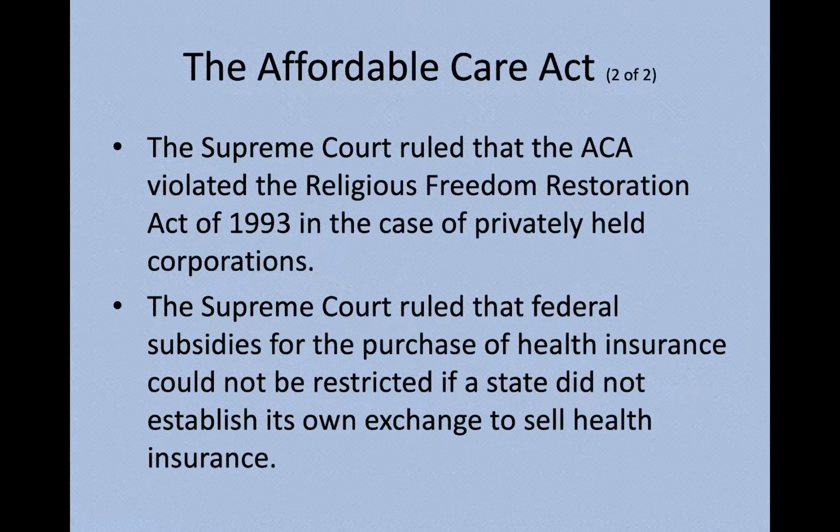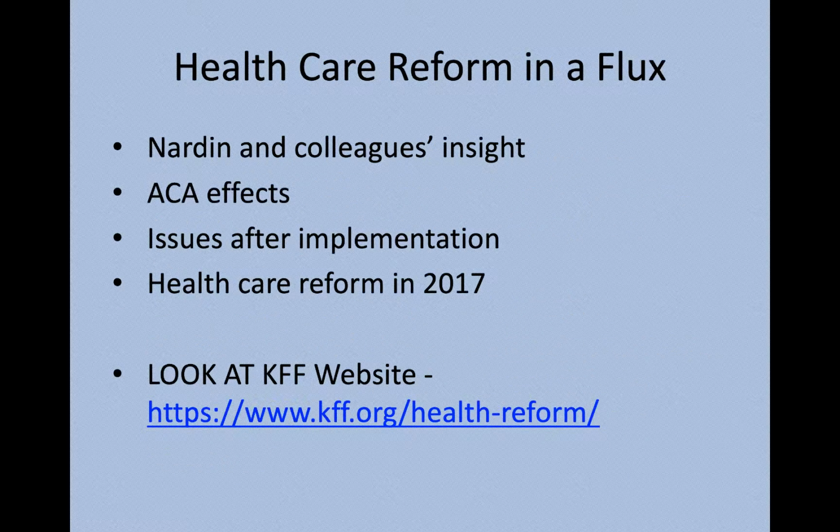So that went away with the Affordable Care Act, when some states opted to stay and others did not. So it ruled that federal subsidies for the purchase of health insurance could not be restricted if a state did not establish its own exchange to sell health insurance. So it just changed the law, and with it changed the economic model.